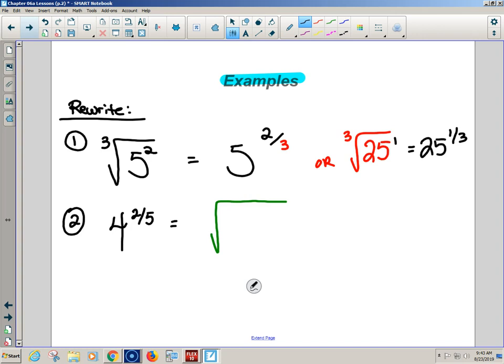Does anybody know what should go under the radical? The big number should be a? The base? The 2's on the inside and the 5's on the outside.